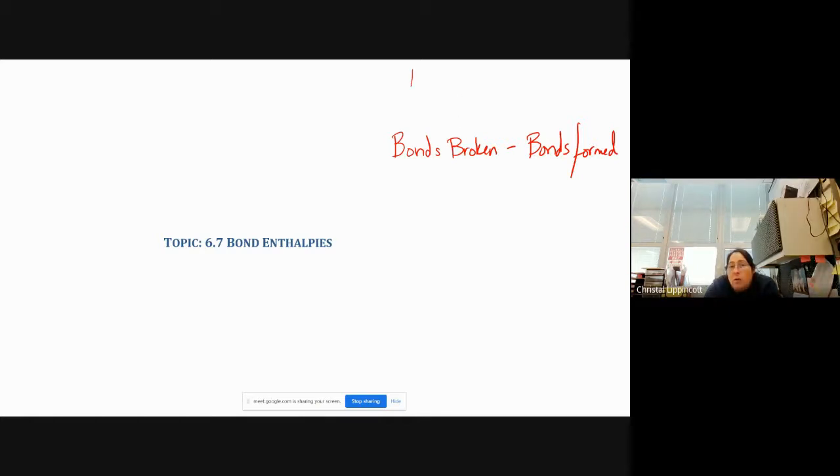When I have a chemical reaction here, where am I breaking bonds? In the reactants. When am I forming bonds? In the products. I get it. Okay, so keep that in mind. That's the big key for this section.